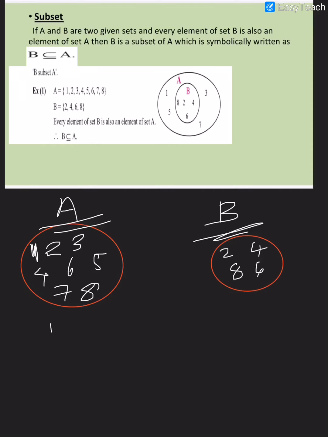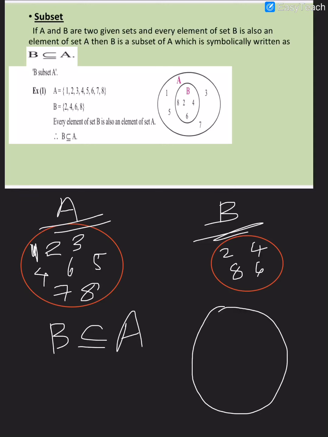How will we write it? B is a subset of A. Also we can draw the Venn diagram of B subset of A. How will we draw the Venn diagram of B subset of A? 1, 2, 3, 4, 5, 6, 7, 8.